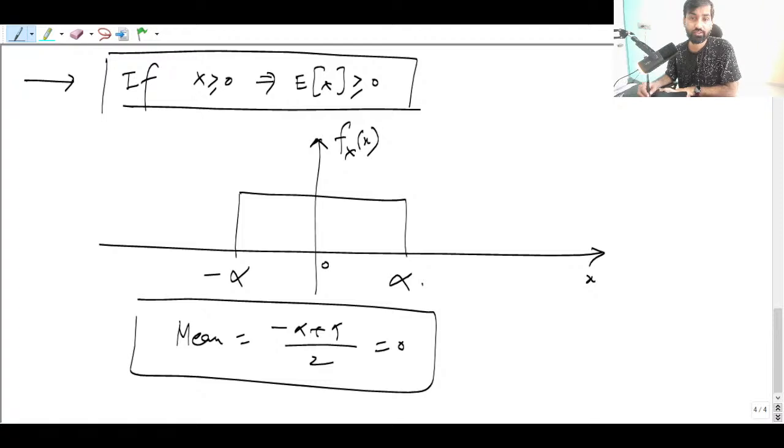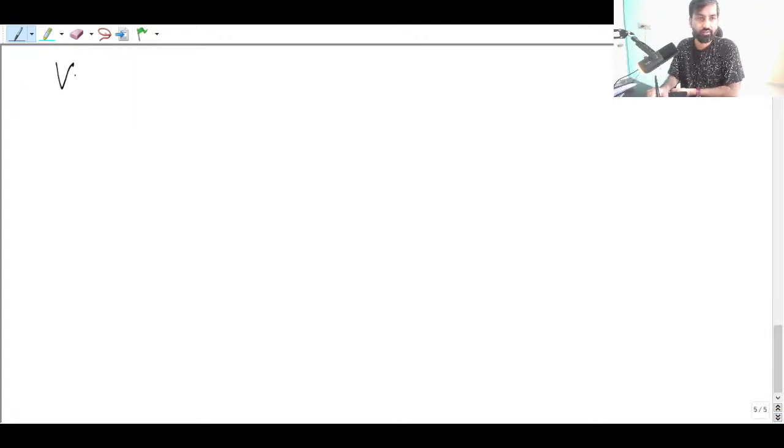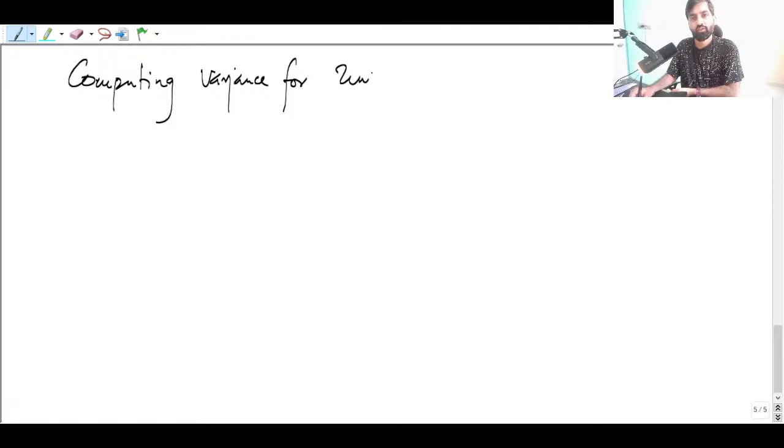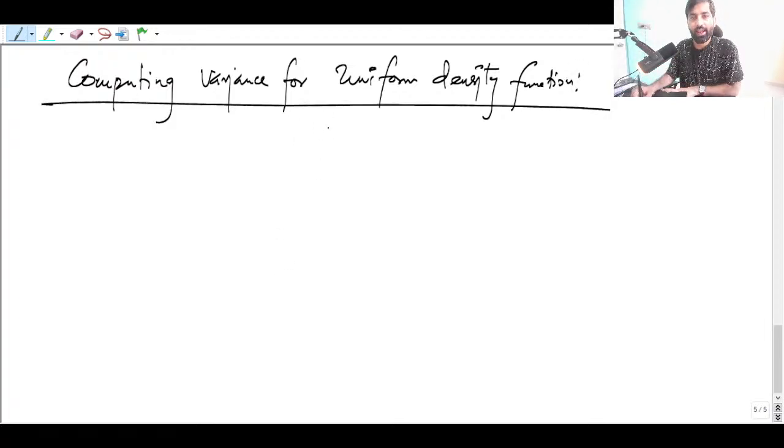Now the question is, how do we compute variance? Computing variance for a uniform density function, or you can say a continuous random variable, where the random variable is uniform in (a, b).